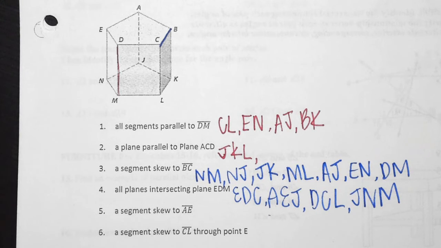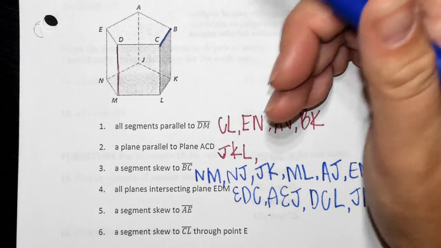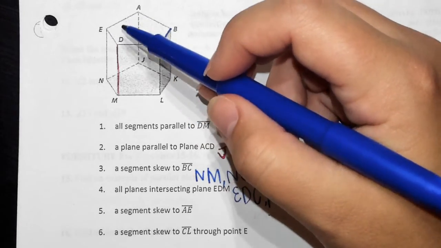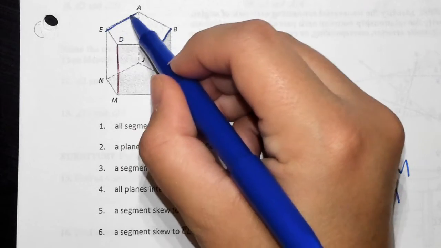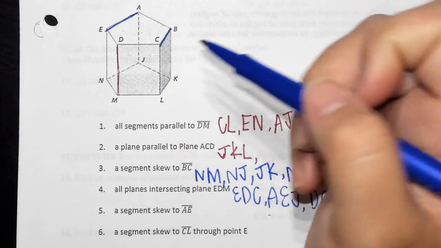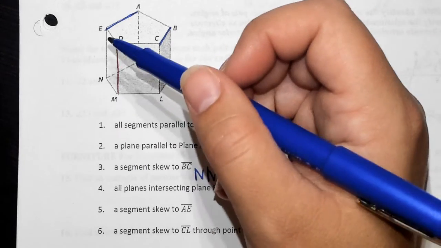Okay, I want you to try five. It's a segment that is skew to AE. I like that word, skew. Name a segment skew to AE.